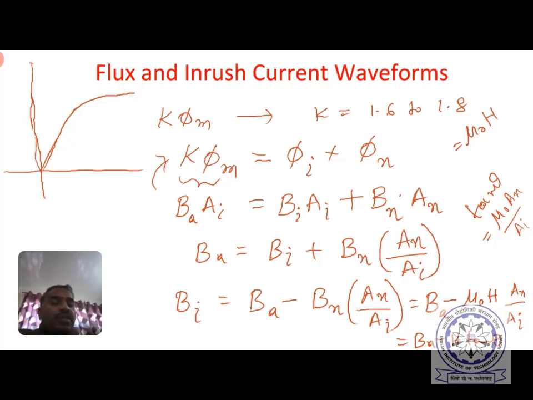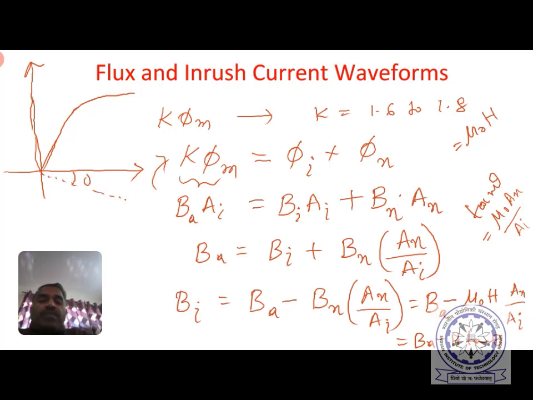Bi equals Ba minus H tan theta is a straight line, but Ba and H are related by nonlinear characteristics actually. This is how the BH characteristic will look. Then what is to be done is, you have to draw with tan theta as slope from origin like this.